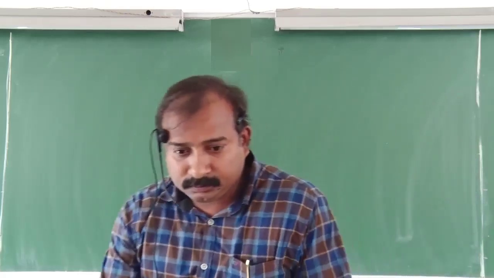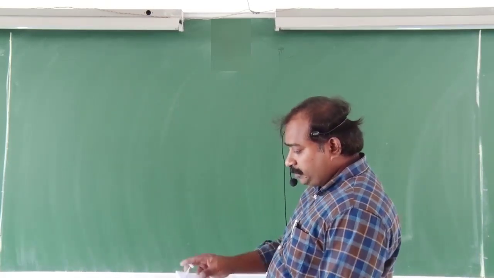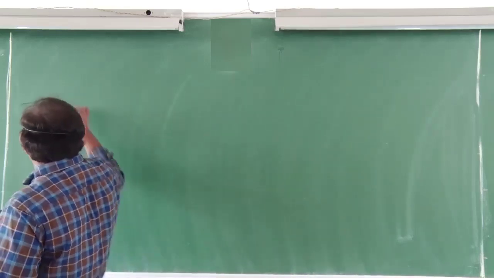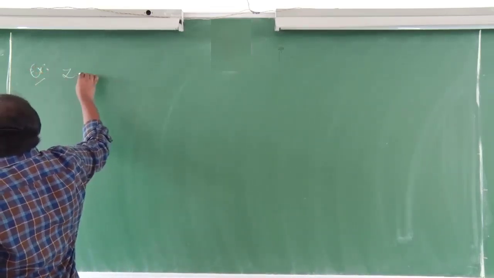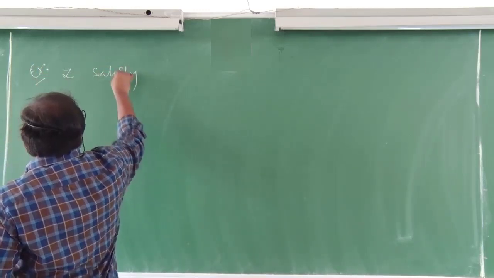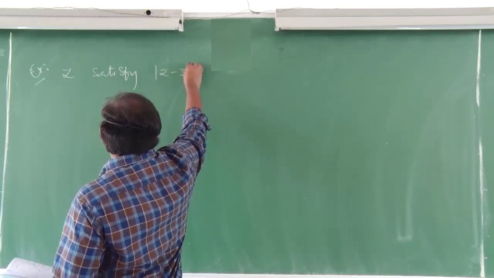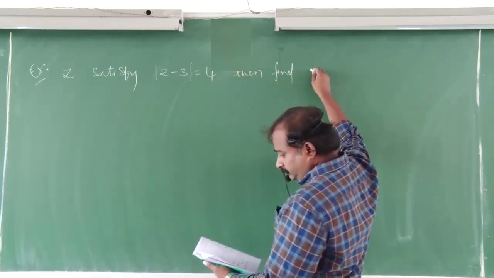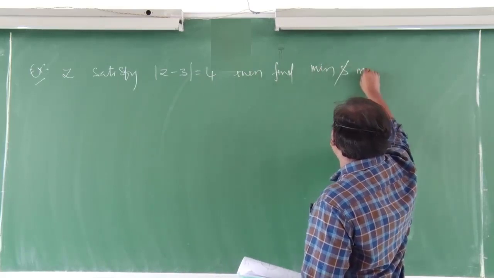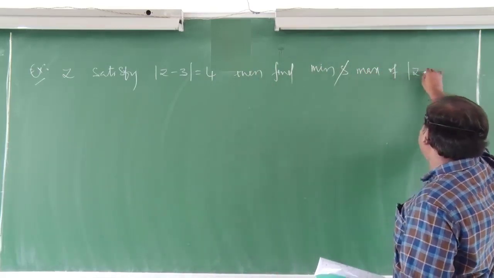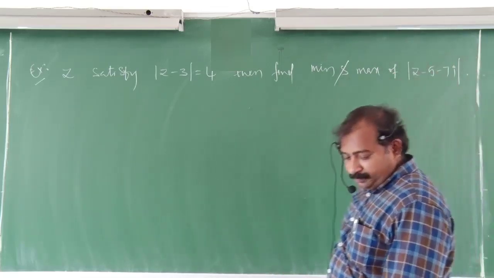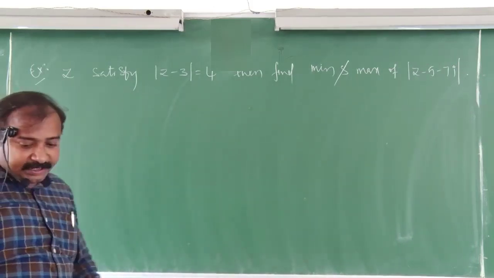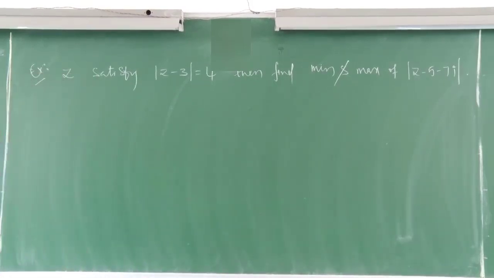One more example. Here they have given the next example: z satisfies the condition modulus of z minus 3 is equal to 4.